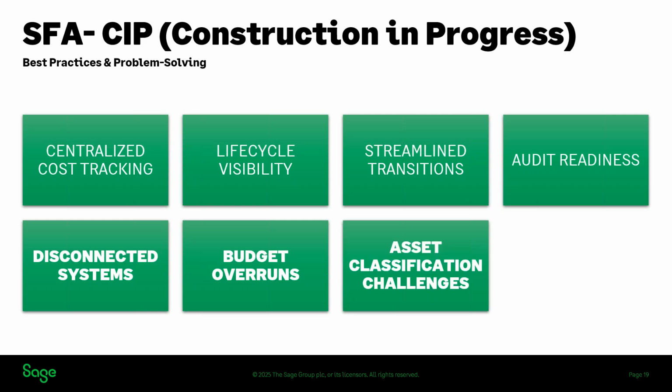And then asset classification challenges. That's a mouthful, I know, but it's also a big workflow problem too. So not only is it hard to say, it's hard to do.